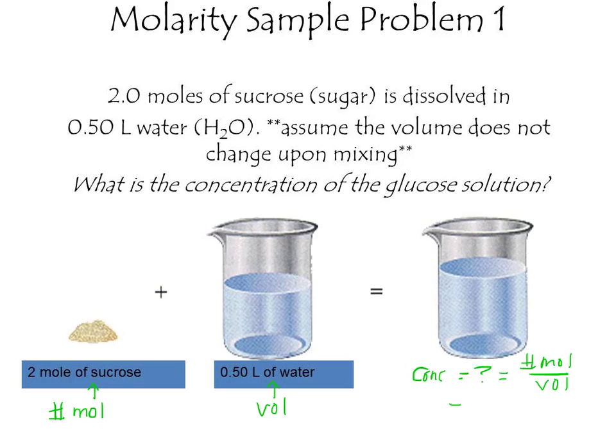So in this case, I just put 2 moles on the top and 0.5 liters on the bottom, and I should end up with 4 moles per liter. Now, I can always change this moles per liter, and instead of writing moles per liter, I will write just a capital M, and it's the same.